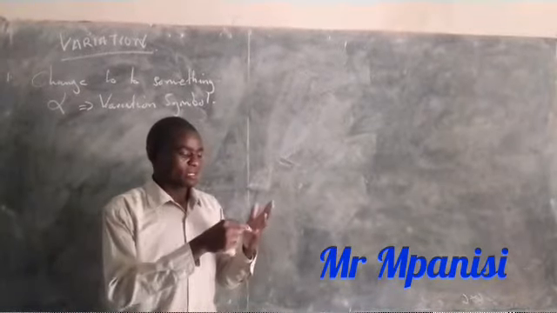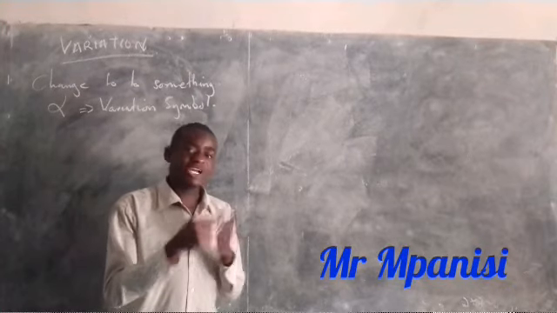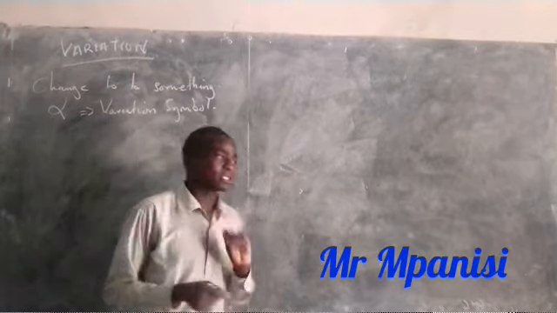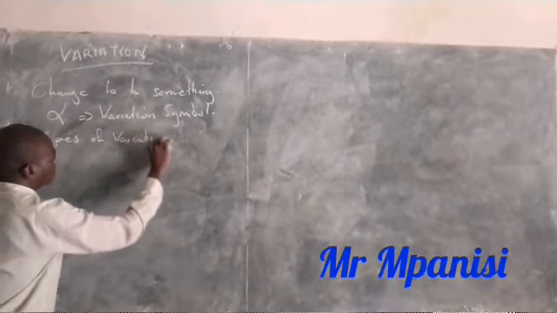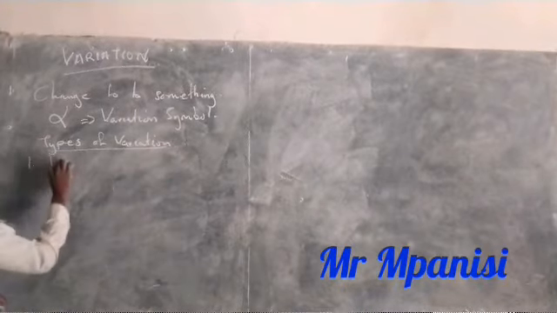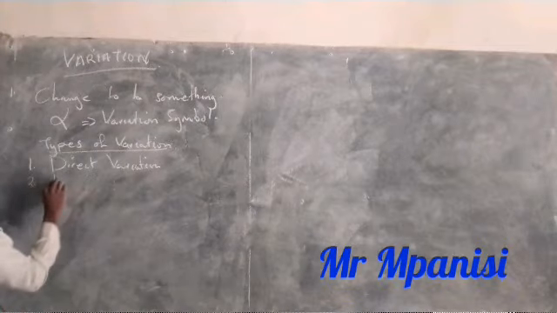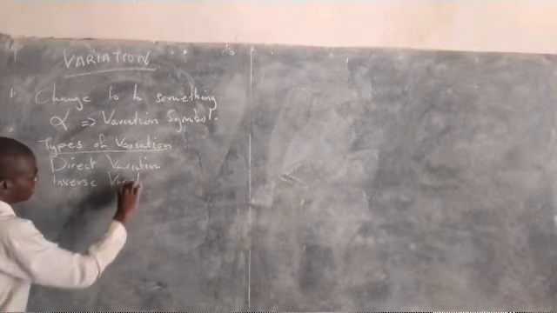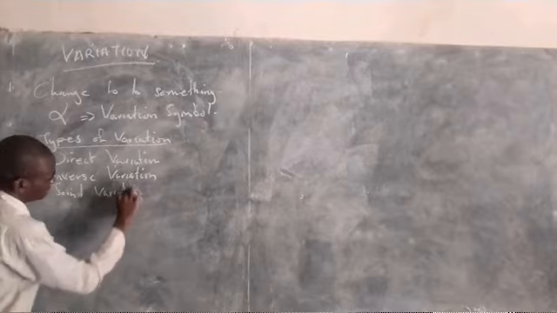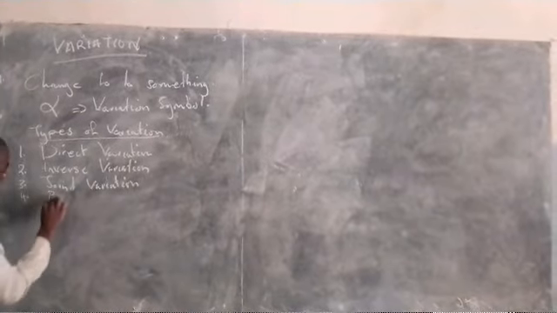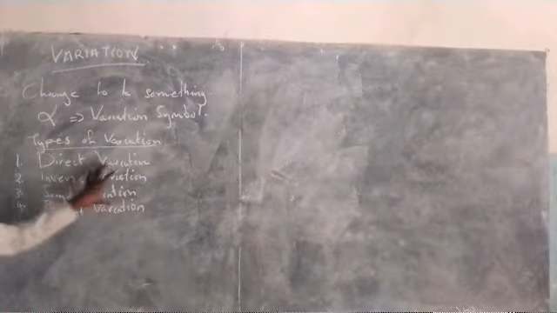And these are direct variation, inverse variation, joint variation, and partial variation. So these are the 4 types of variation.